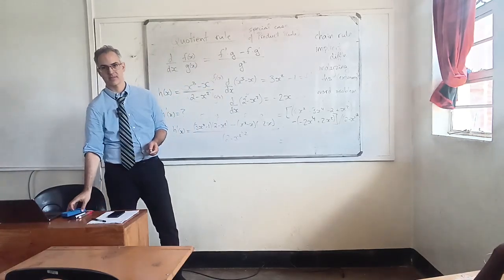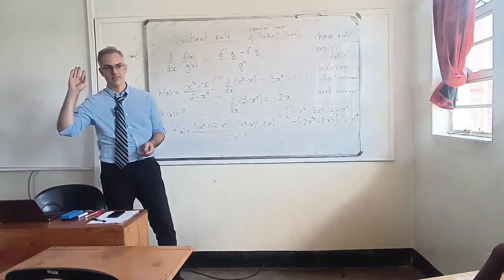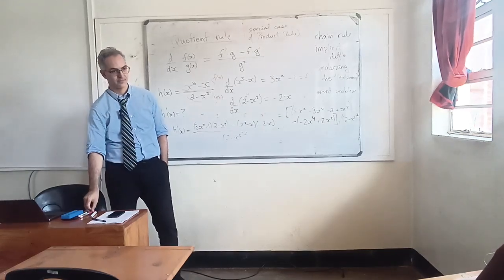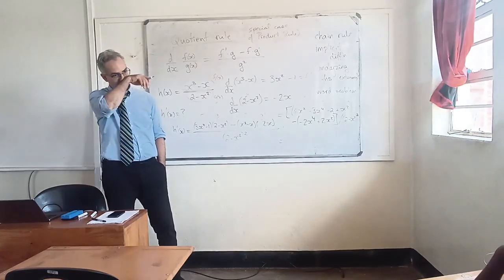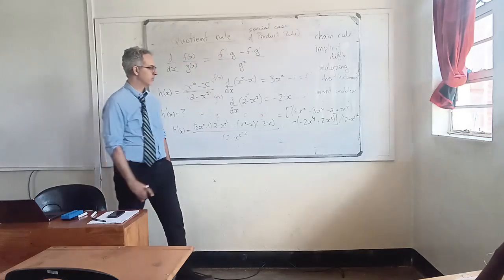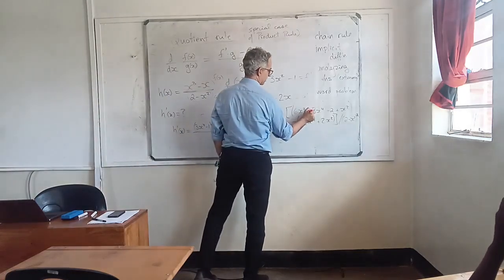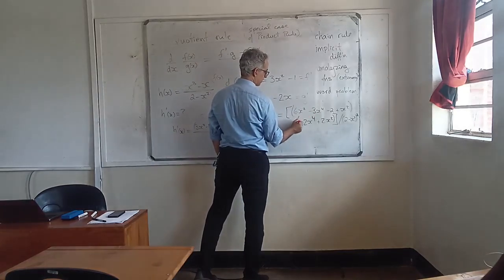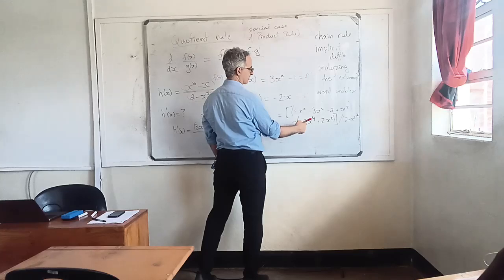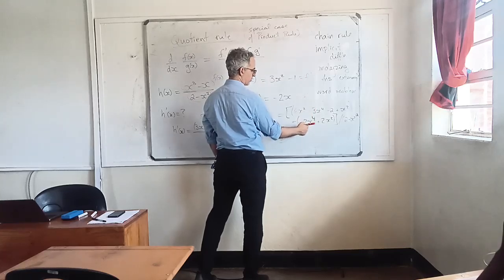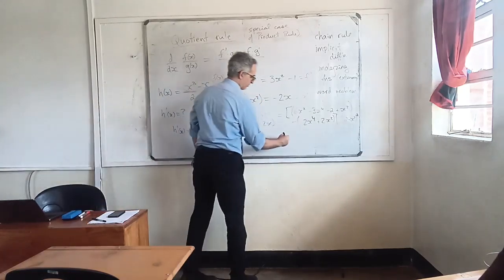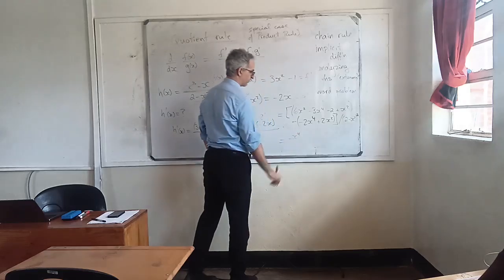Who thinks that's right? It's not. We have to be careful. This is minus. Here we have minus, minus. So this is now plus 2. So minus 3 plus 2 is just minus x to the 4th.